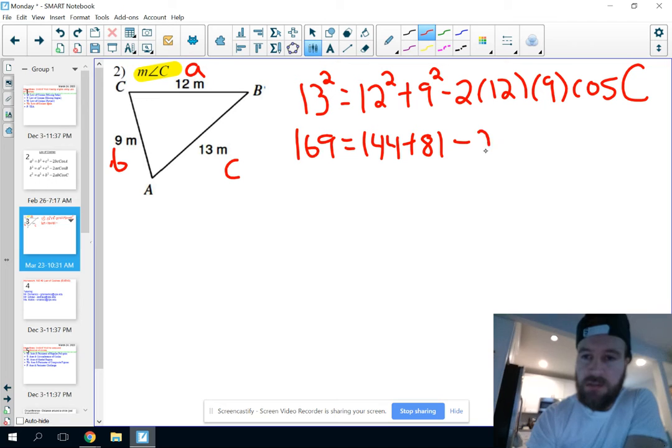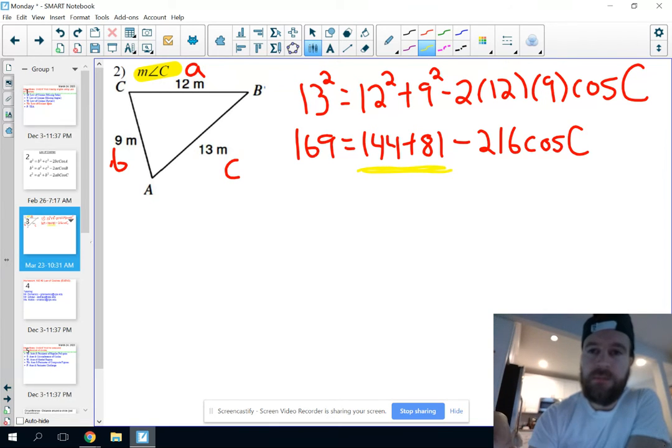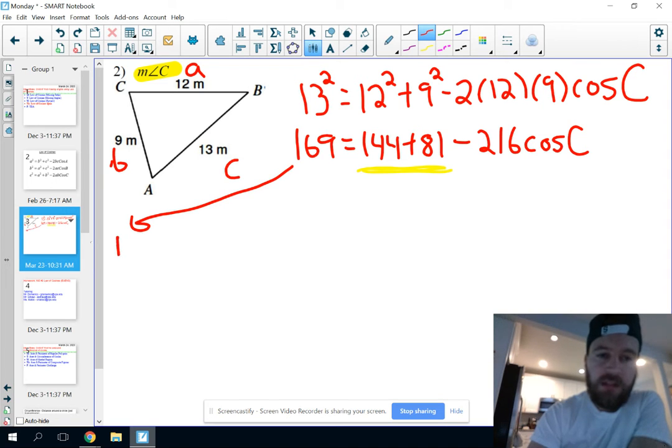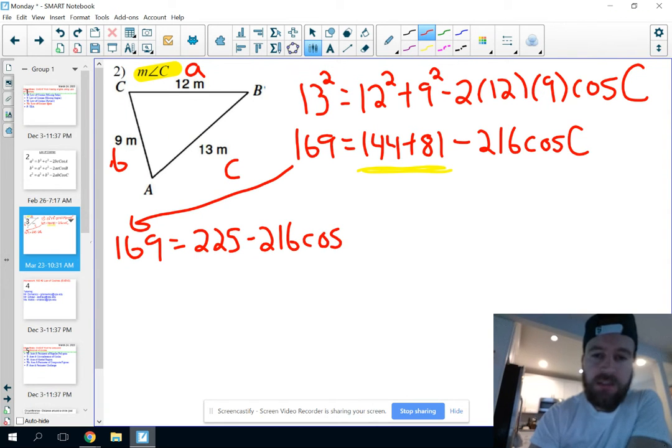That comes out to 216 cosine of C. Next step, we can combine our like terms. So that's all we're going to do here. I'm just going to slide over to the left side here. So we've got 169 equals 225 minus 216 times the cosine of C.